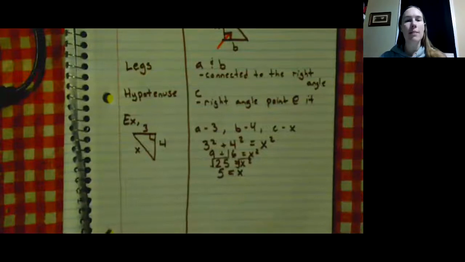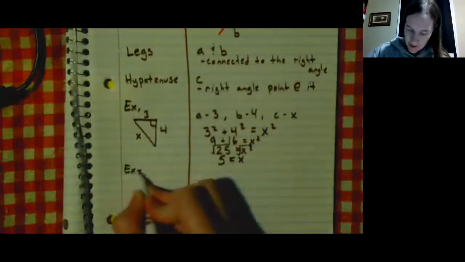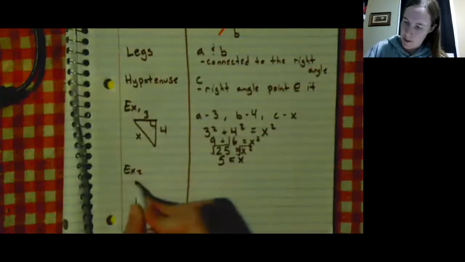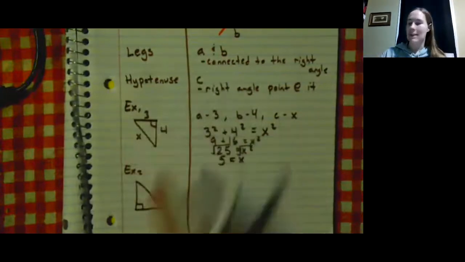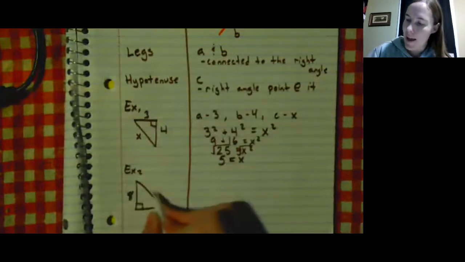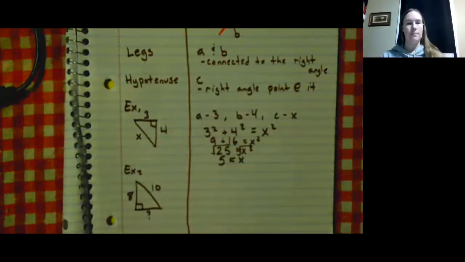Say we're looking for something else. So for our next example, say we have a right triangle, looks like this. Notice it doesn't really matter what it looks like as long as it has that right angle. Say I have this side and this side, and I'm looking for this side here.